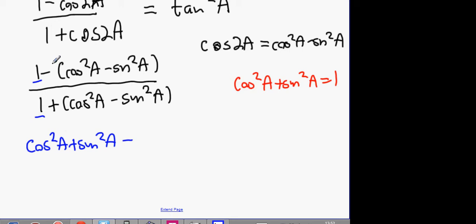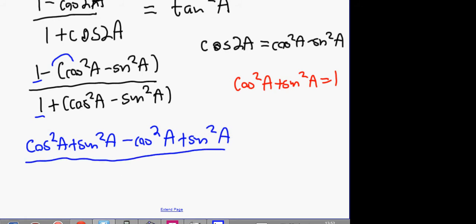I'm just going to multiply this out now: (cos squared a plus sine squared a minus cos squared a plus sine squared a) divided by (cos squared a plus sine squared a plus cos squared a minus sine squared a).